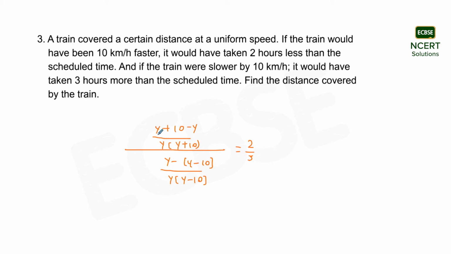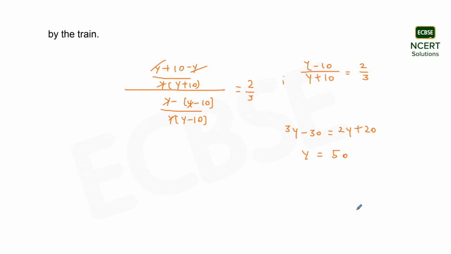Now cancelling the common terms, that is y and y, I get y plus 10 by y minus 10 is equal to 2 by 3. Now cross multiplying, it will be 3y minus 30 is equal to 2y plus 20, or in other words, y is equal to 50. Means the original speed of the train is 50 kilometers per hour.